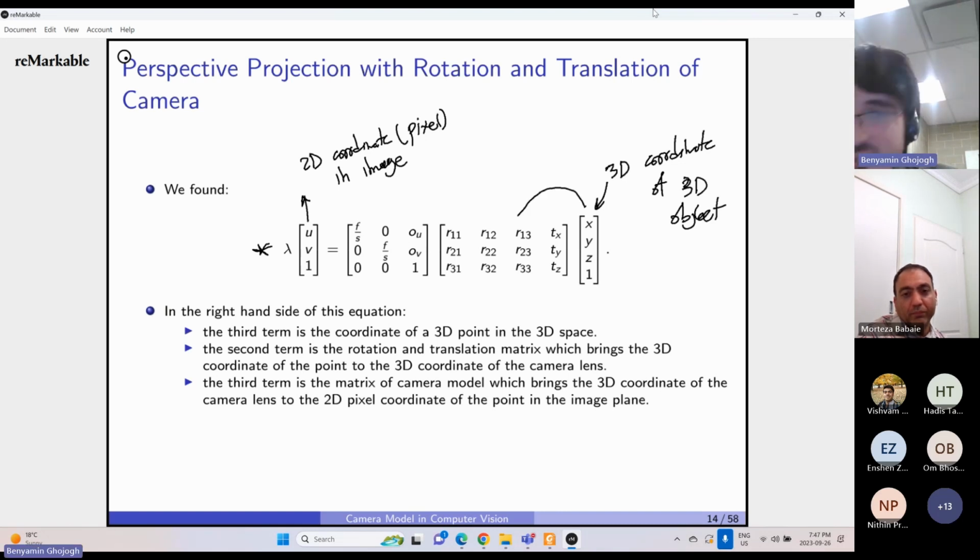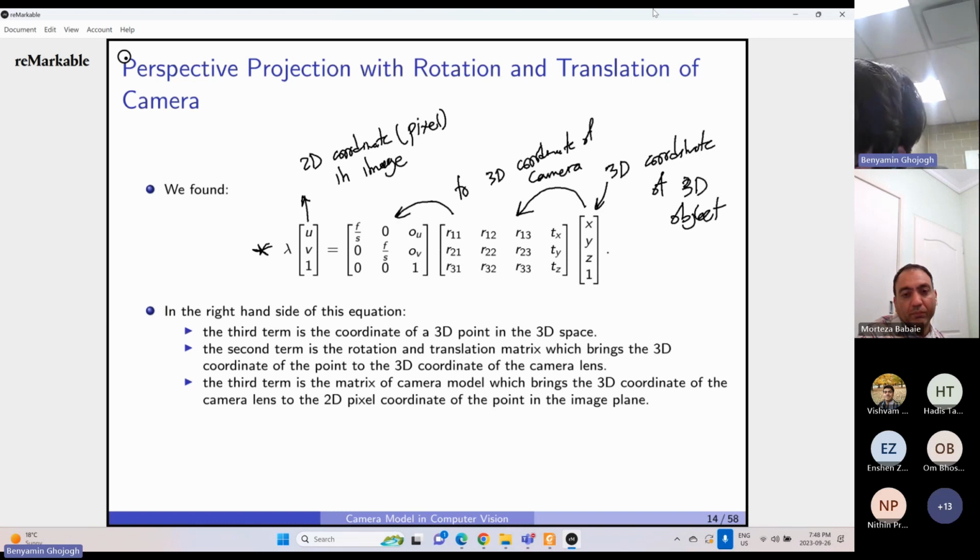First, what does this step do? It maps the 3D coordinate of the object to the 3D coordinate of the camera. What does this step do?